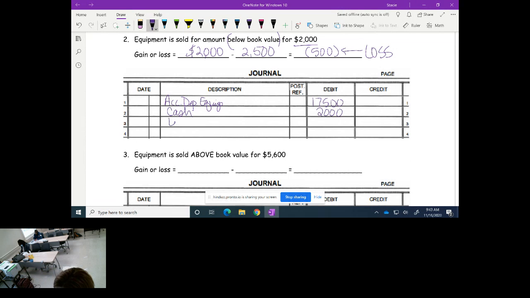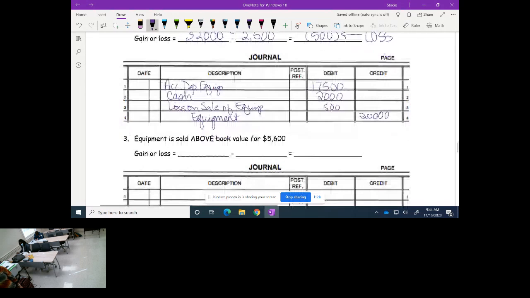We have a loss, and losses are debits, gains are credits, for 500, and then credit equipment 20,000. It's just kind of giving you an example of what each situation would look like: a loss, gain, a break even.